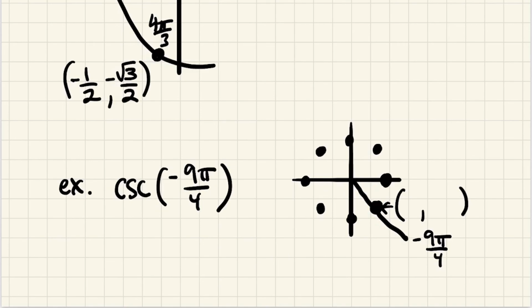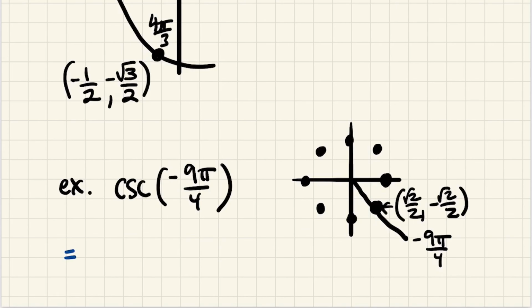Since it's a perfect diagonal, we know it's going to consist of the root 2 over 2's. So this is root 2 over 2 and root 2 over 2, except the y is negative because we're in the fourth quadrant. Okay, so we know this is the reciprocal of sine.